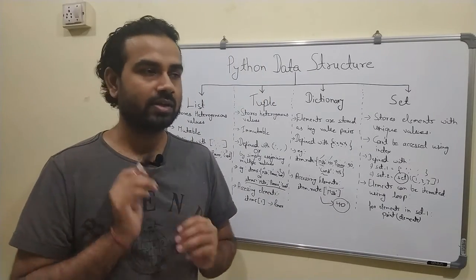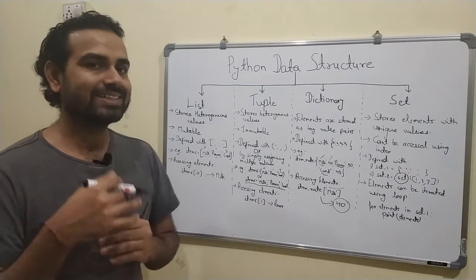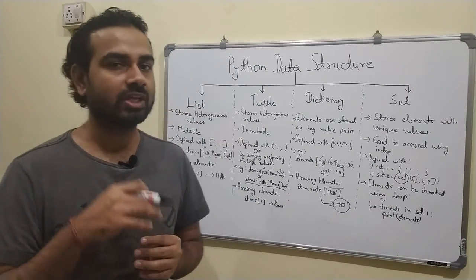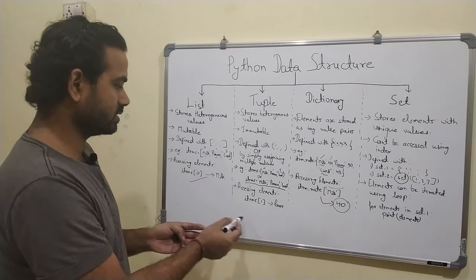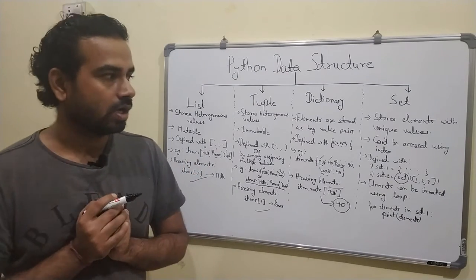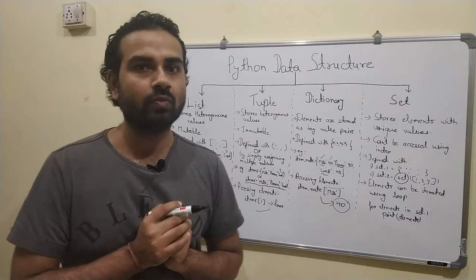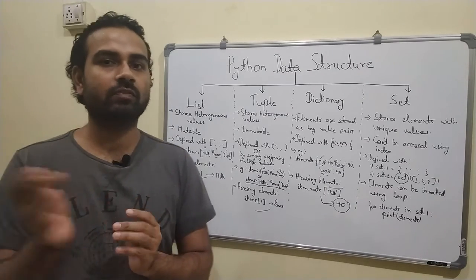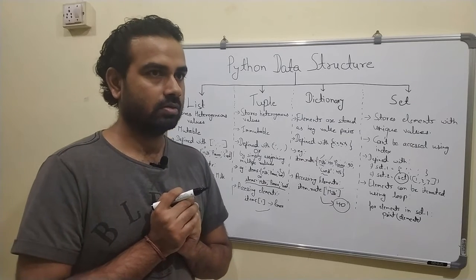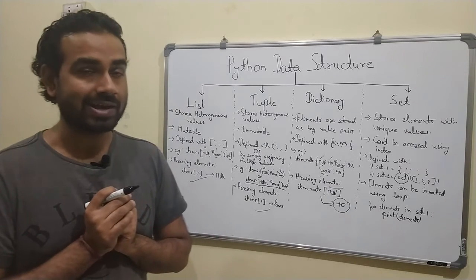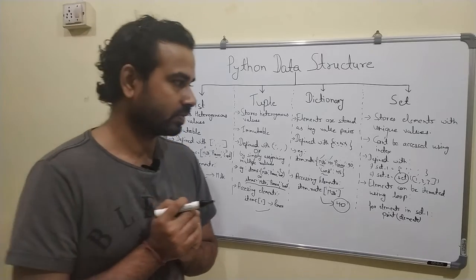One important point here is we cannot access the element of the set using the indexes like we were doing in lists or tuples. But what we can do, we can iterate through the elements of the set, and then we can do some operations on them, like identifying the values in them.